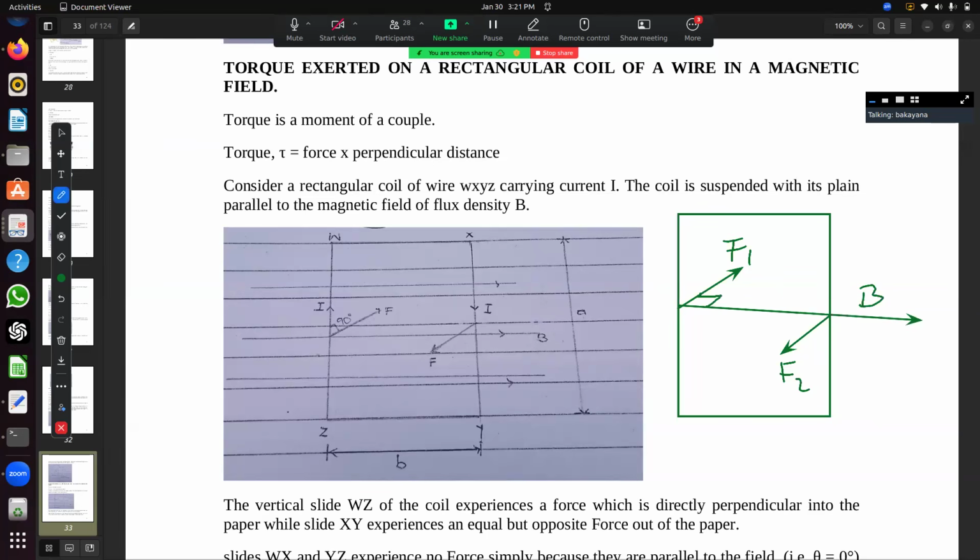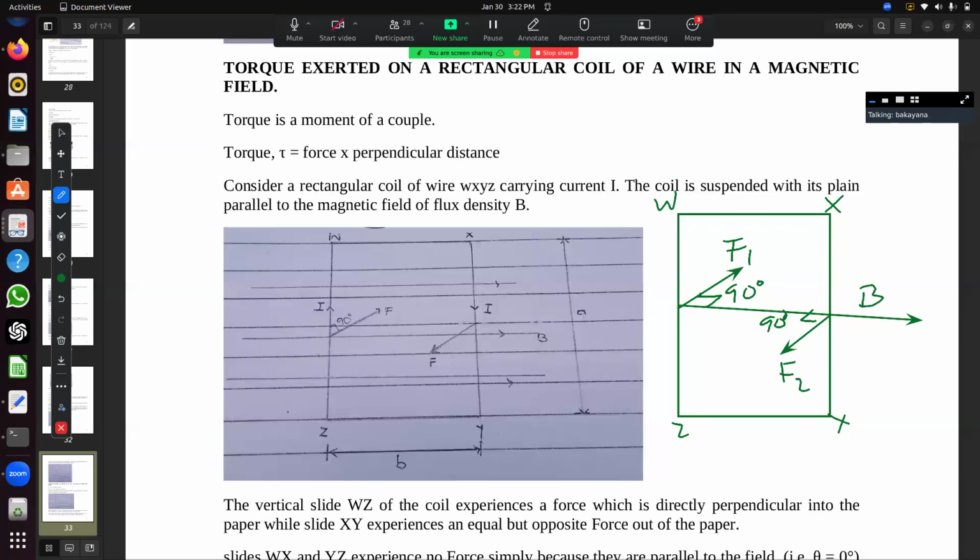This is 90 degrees. Also, this one is 90 degrees. So let me consider my rectangular frame of wire to be W, X, Y, Z.